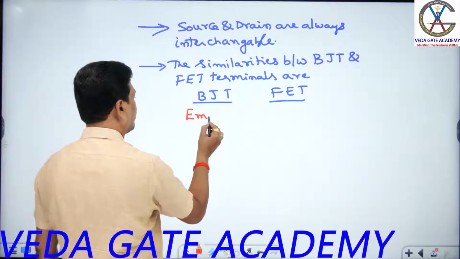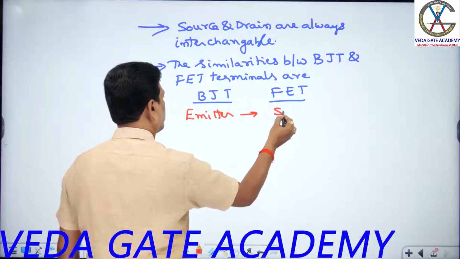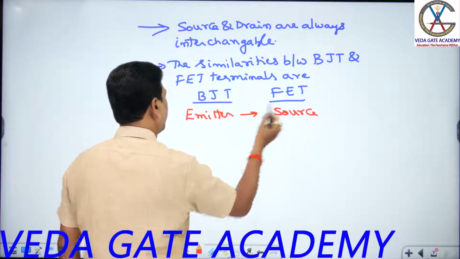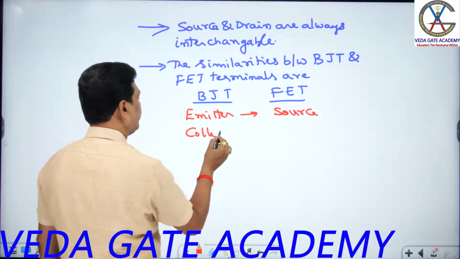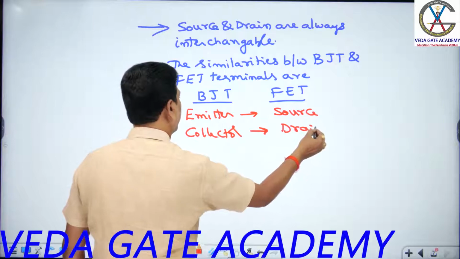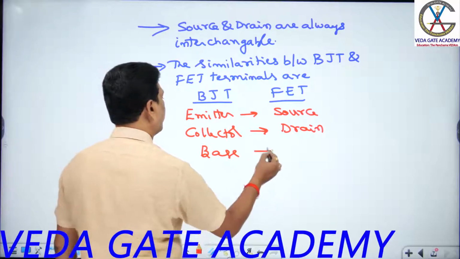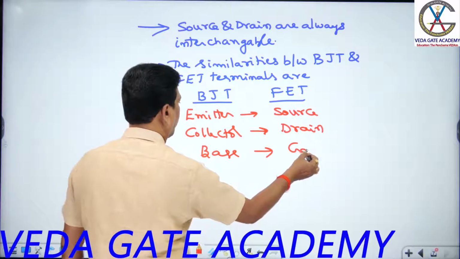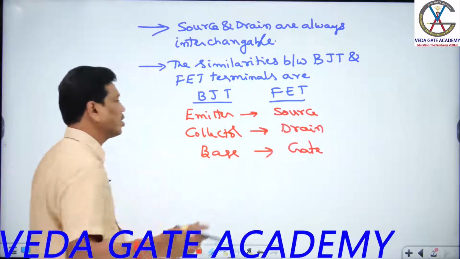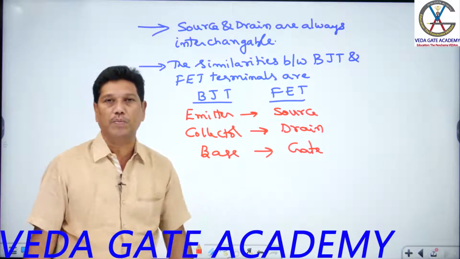What is the emitter function? It looks similar to the source of a FET. Here collector should be the same, looks like the drain. Here base, the middle one of opposite impurity, is the same, looks like the gate, which is of opposite impurity, and it is the middle one. So these are the similarities between BJT and FET terminals, students, right?